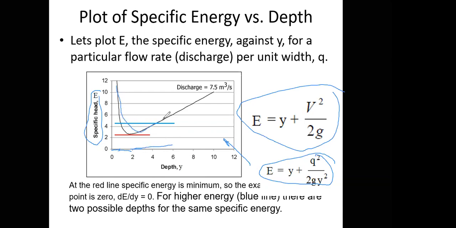So it forms this shape. There is a minimum specific head or energy for every open channel flow. At this point, dE over dy equals 0. So there are two possible depths for the same specific energy. Between this point and this point, you have the same specific energy, although at different heights.